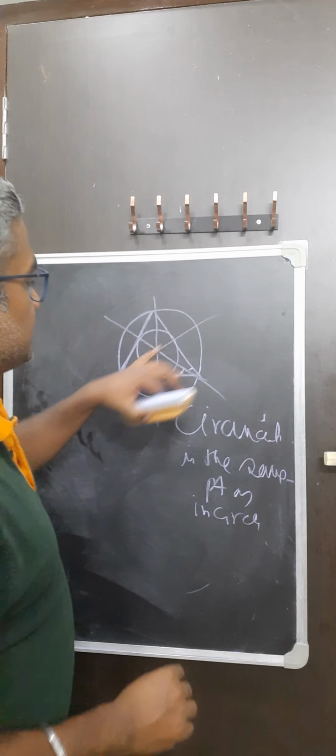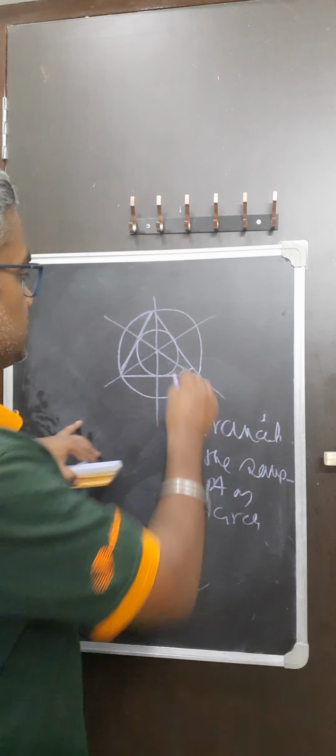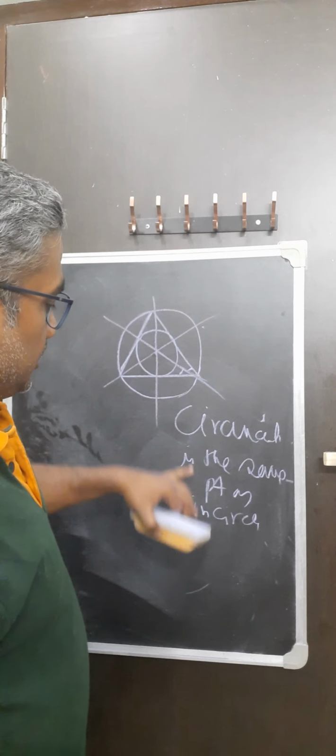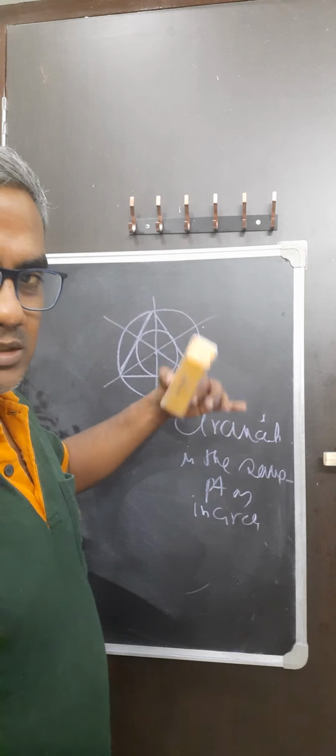Okay, and the excircle is definitely different because it lies outside the triangle, so it won't be the same. The excircle is different.